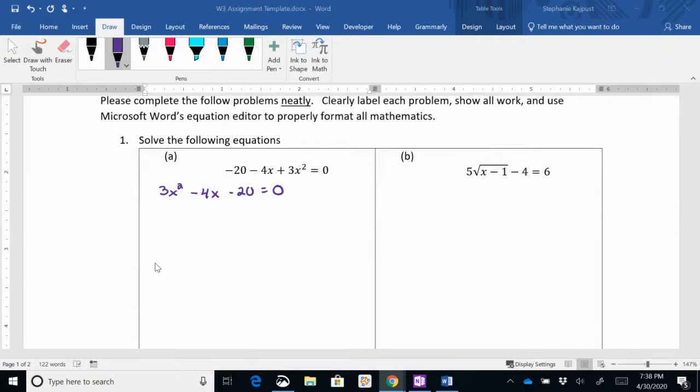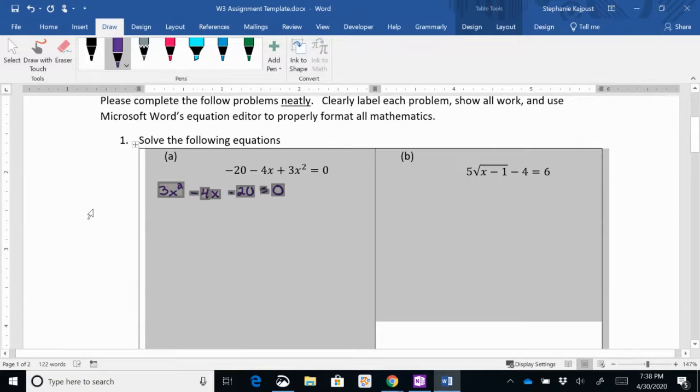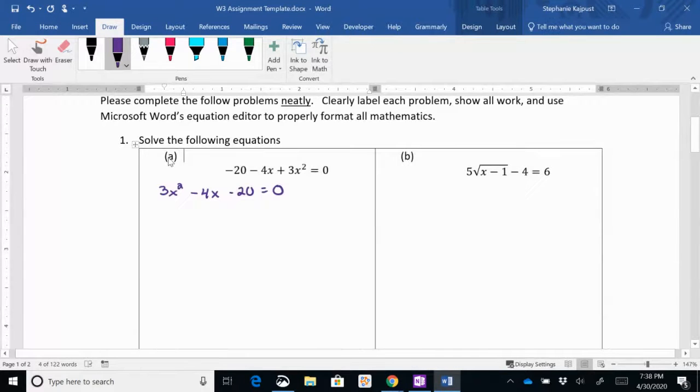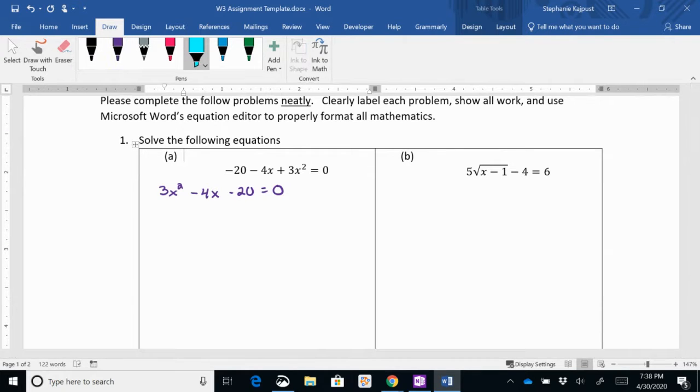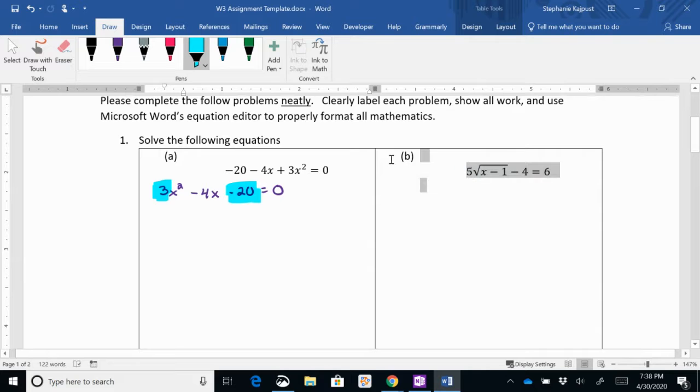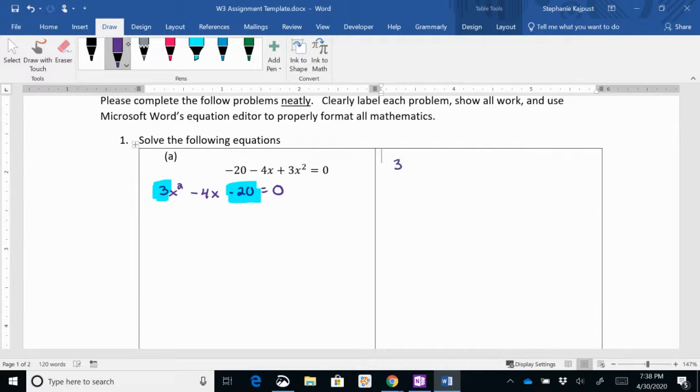Okay, so when I factor and I have a number in front of the x squared, I don't like to do guessing and checking. I prefer to do the grouping method. The grouping method involves taking the first and the last numbers, and we're going to multiply those together. So I'm going to take my 3 and multiply it by a negative 20.